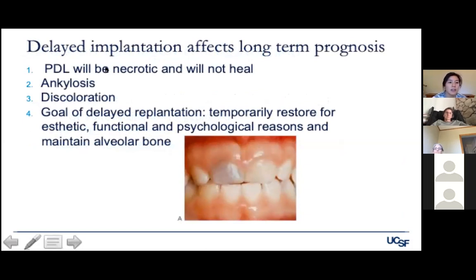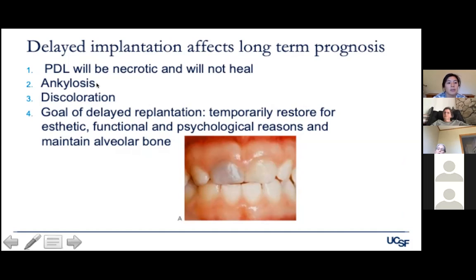Those ligament cells will die, and then there'll be no ligament between the tooth and the bone. And what happens with that is it can lead to ankylosis. So the tooth will become permanently locked into place. And why that is a problem, not only from an aesthetic standpoint, the tooth may look shorter, it may not be aligned in the arch correctly, but as a patient grows, their maxilla and their mandible will continue to grow.